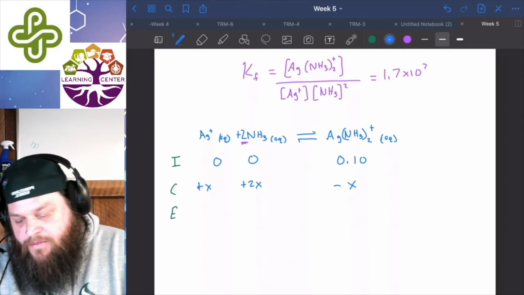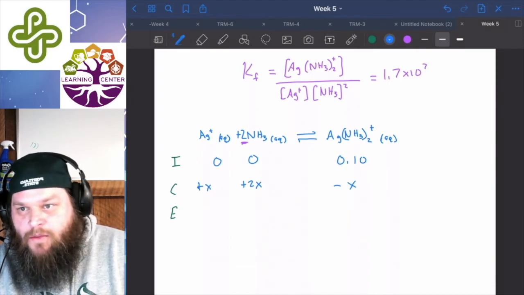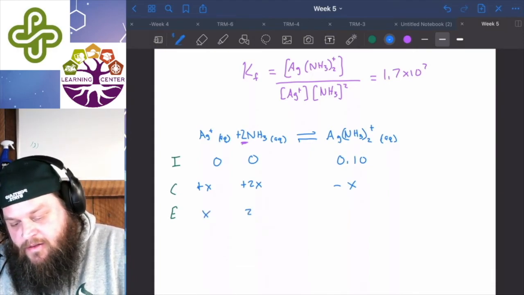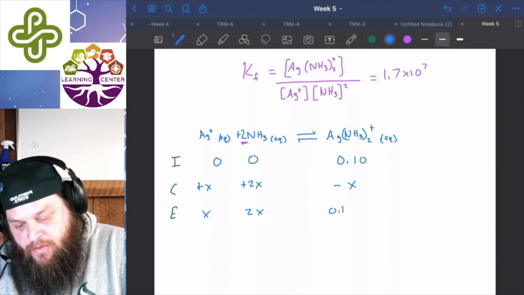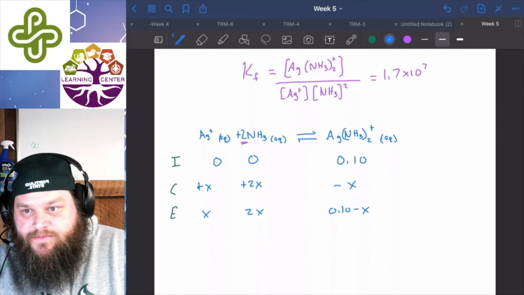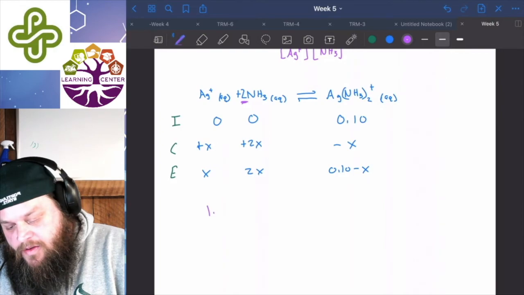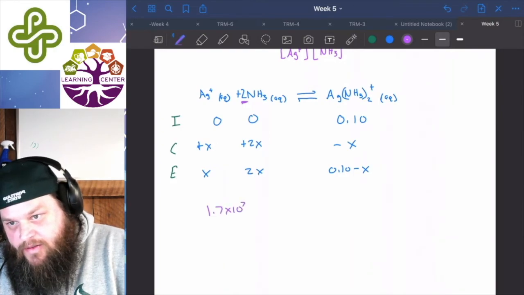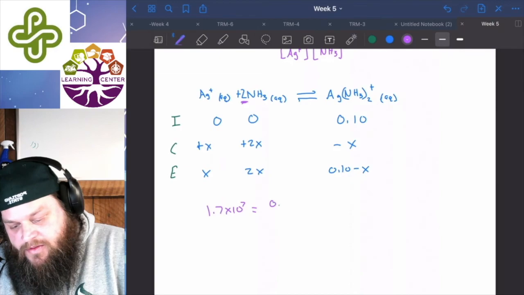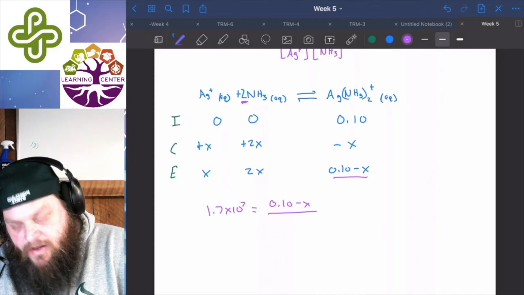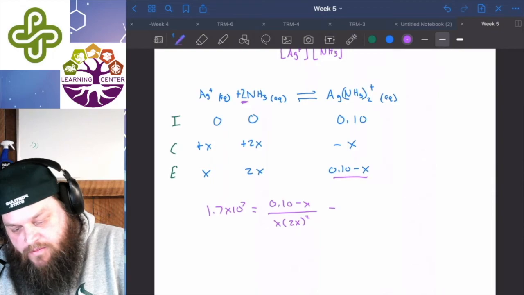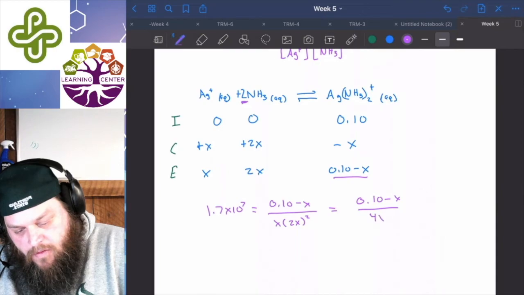So at equilibrium, the final concentrations are going to be x, 2x, and 0.10 minus x. So I can then plug that into my equation: 1.7 times 10 to the 7 is going to be equal to 0.10 minus x, our products, divided by x times 2x squared, which we can rewrite as 4x to the third.